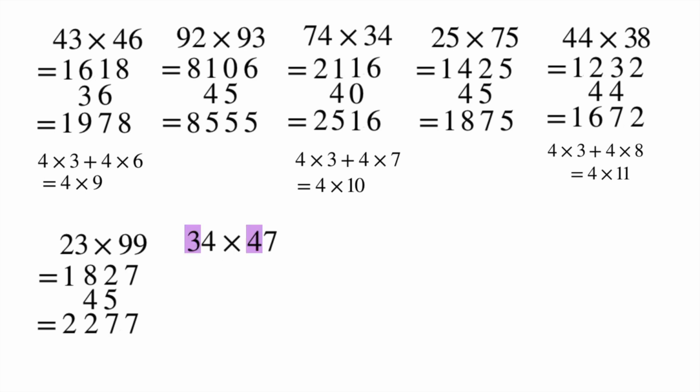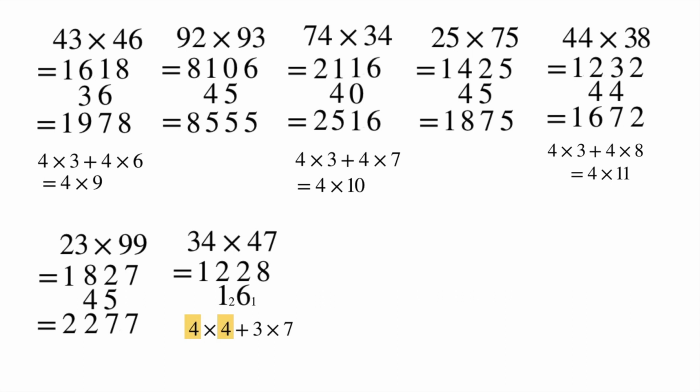Without common tens place or a common ones place or a twins, get back to the basic way. Like 3 times 4, 4 times 4, 3 times 7, 4 times 7. 37 is 4 times 4 plus 3 times 7.